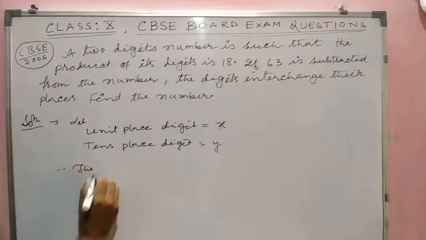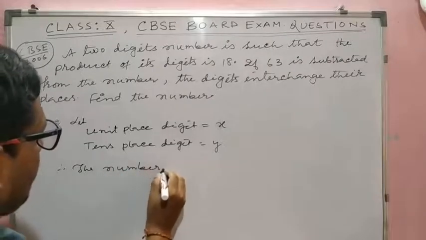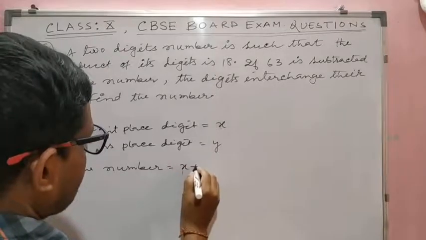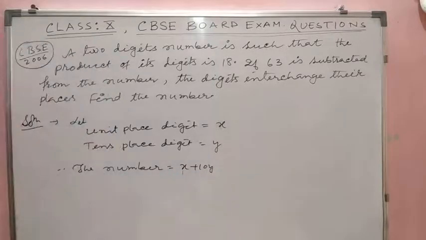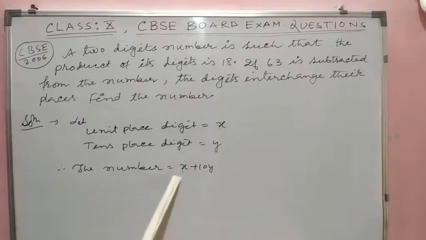Therefore the number equal to x plus 10y. So here unit place digit equal to x, tens place digit equal to y. So the number will be x plus 10y.